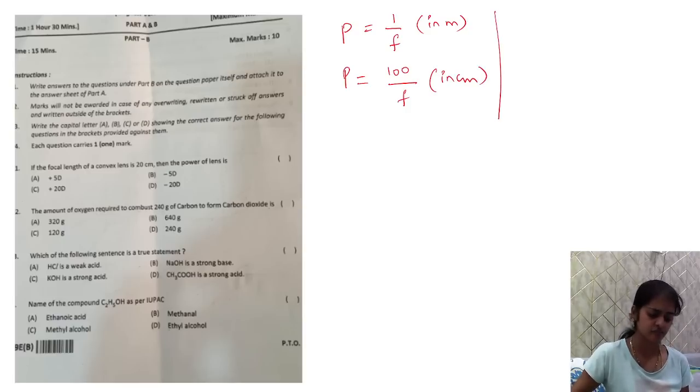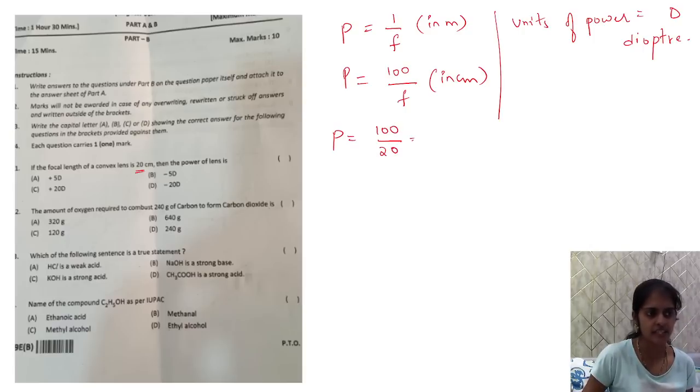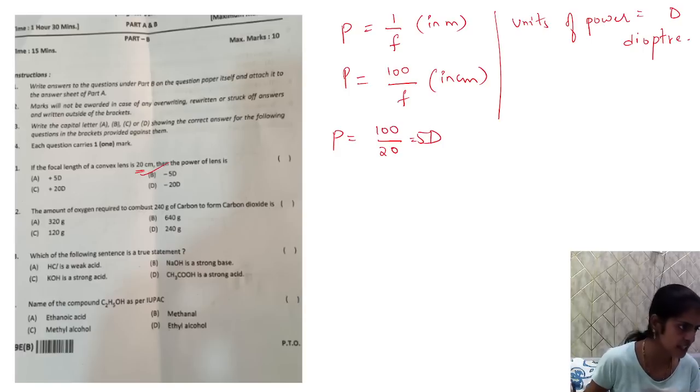The unit of power is D, which means diopter. Here it is 20 centimeter, so I take the second formula. 100 by 20 is 5. So 5 D. Option A is correct.